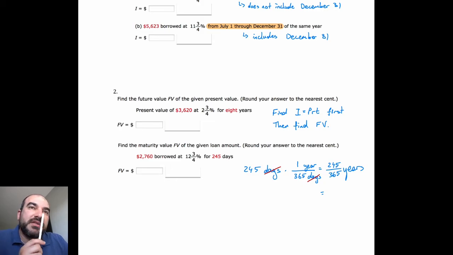The years doesn't have to be a fraction. Are you asking if you can make it a decimal? Yeah, you can make it a decimal, although you don't want to lose accuracy. If you're rounding to decimals, I would keep 4 or 5 decimal places until you get to the final answer.